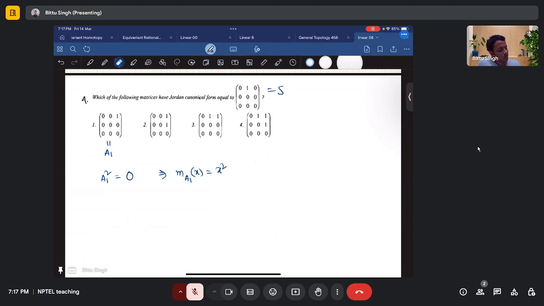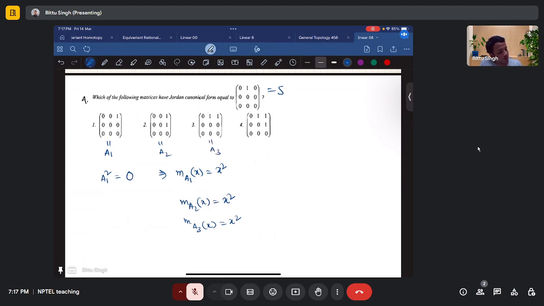By the same reason, for A2 the minimal polynomial is x squared, and similarly for A3 it is x squared, right? Those are the minimal polynomials of A1, A2, A3.